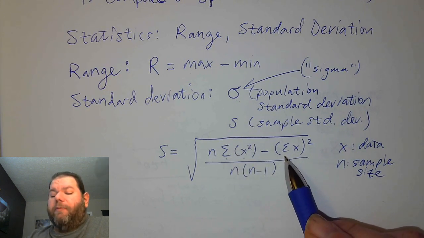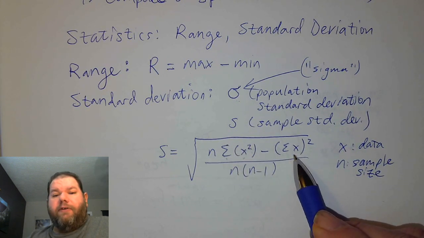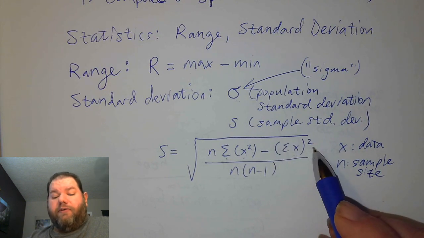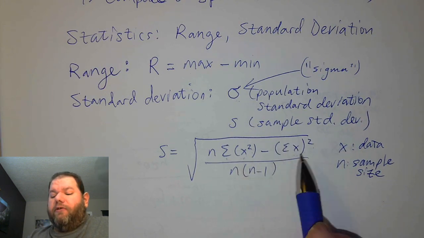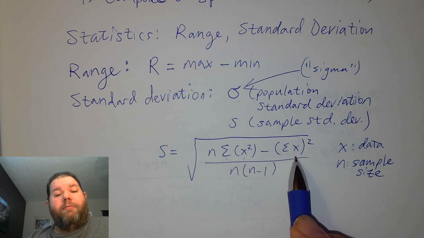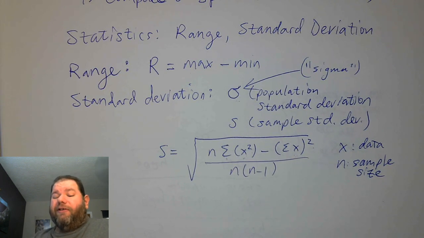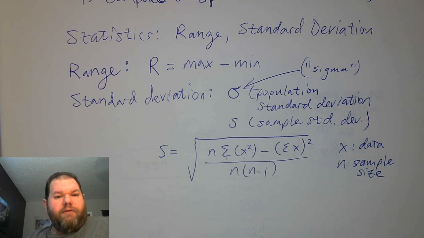Whereas here, sigma x means we add all the data values together, and then we square the result. These two expressions are similar but very different, because the point at which we square the number is at a different part of the order of operations in those two parts.